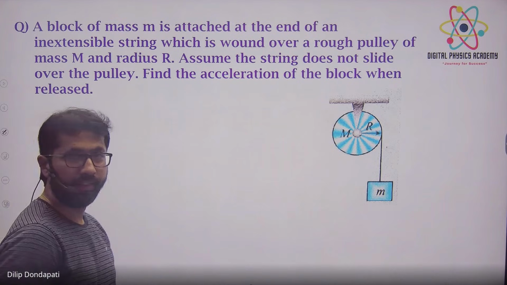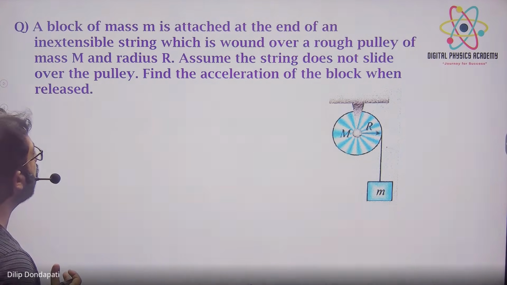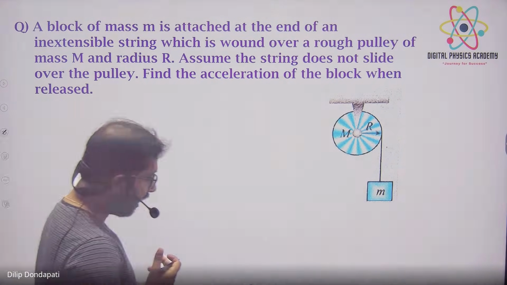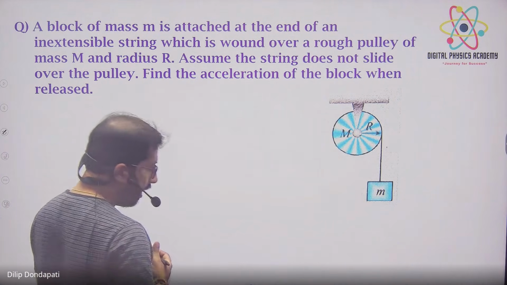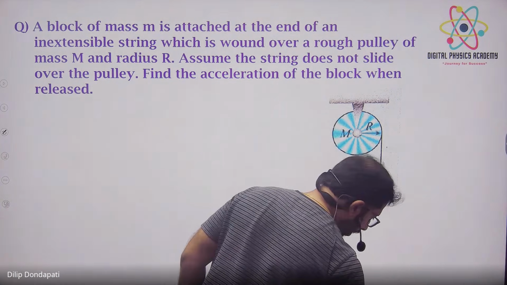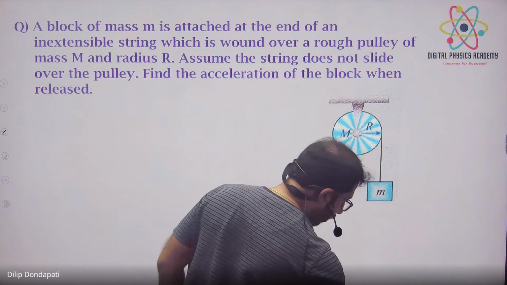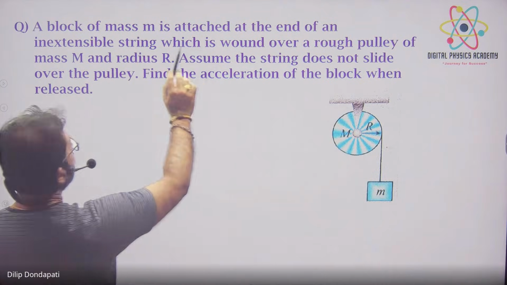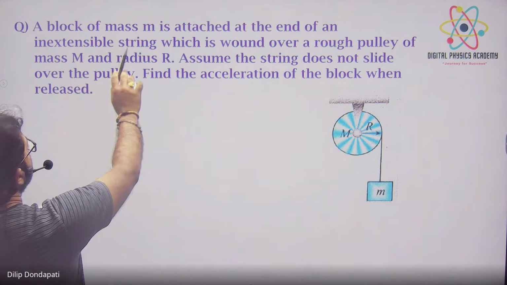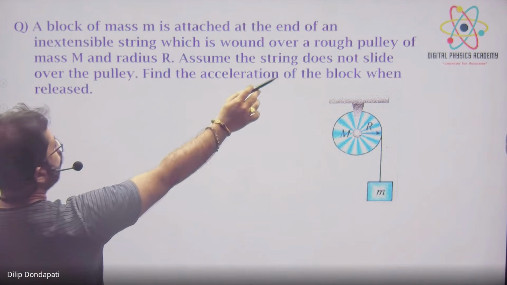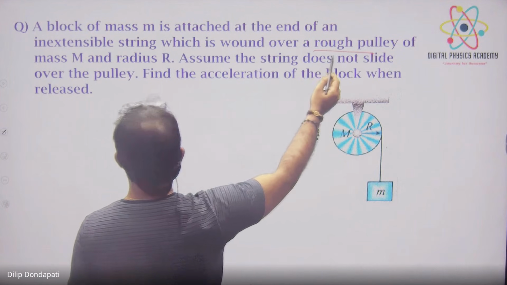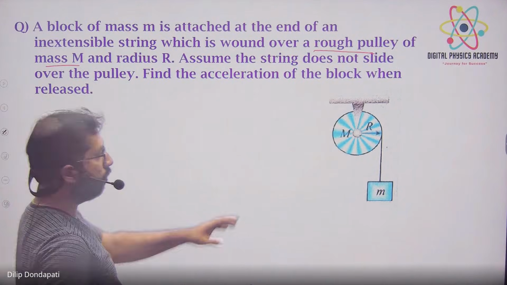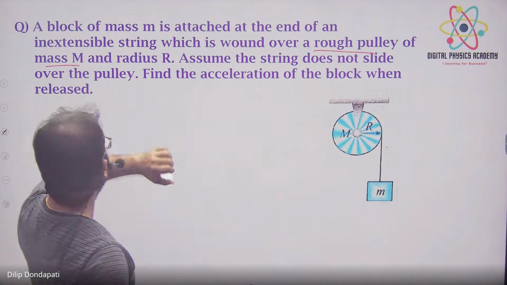अब पुल्ली का आ गया. A block of mass small m is attached to the end of an inextensible string which is wound over a rough pulley. Very important, rough pulley of mass M. Pulley का mass दिया है, of radius r.